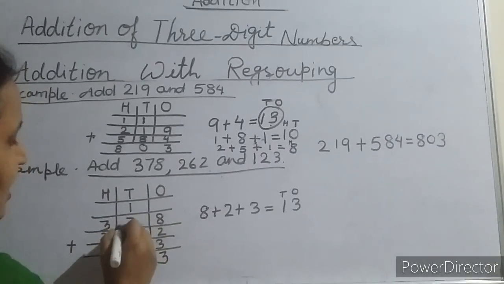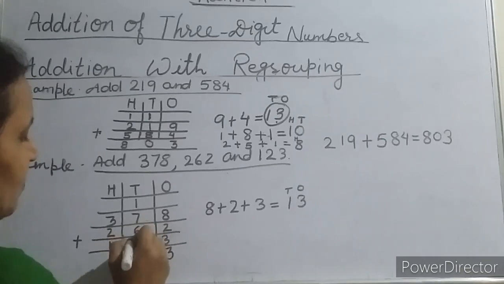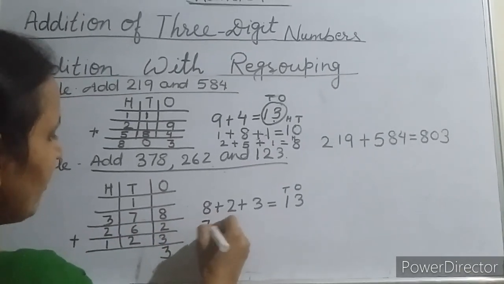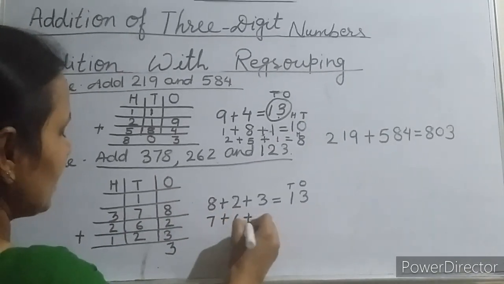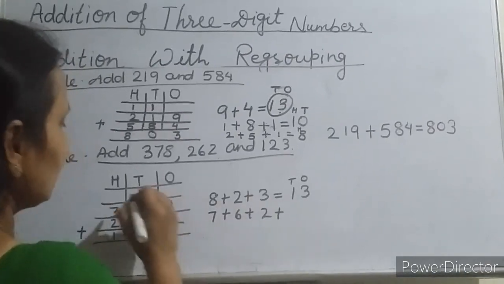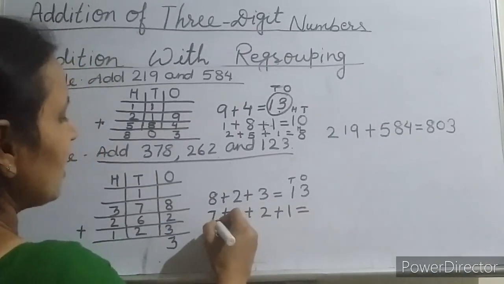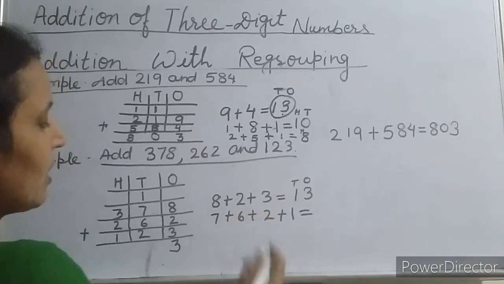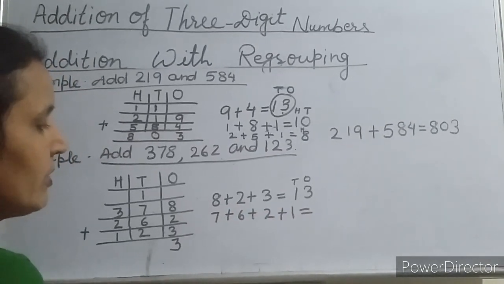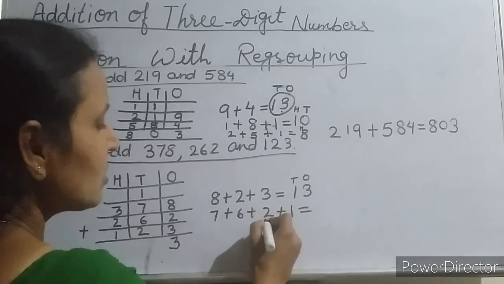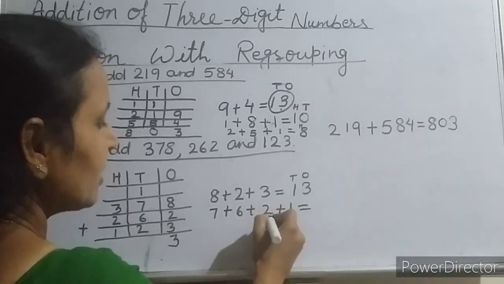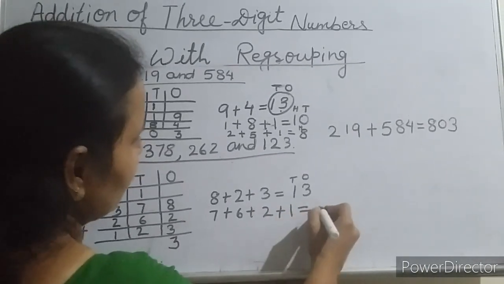Now students, add 7 plus 6 plus 2 plus 1 carried over. So 7 plus 6 is 7, 8, 9, 10, 11, 12, 13. 13 plus 2 is 14, 15. 15 plus 1 is 16.